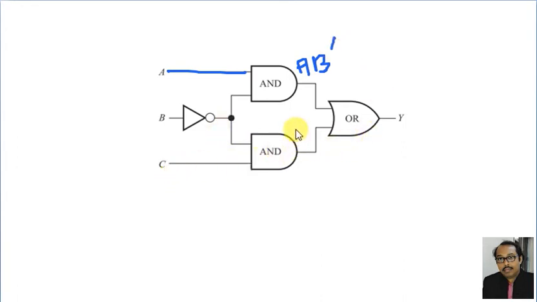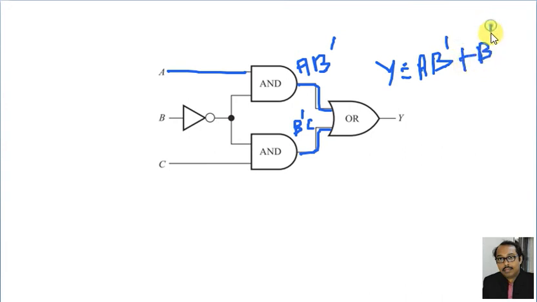In this case it is B bar C. These two are connected into an OR gate. So what is the answer for Y? Y is equal to A B bar plus B bar C. Clear? This is the circuit.